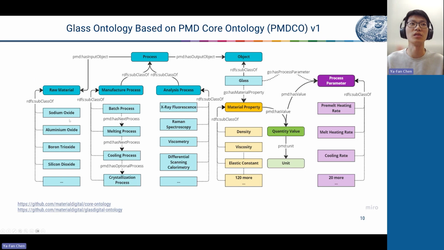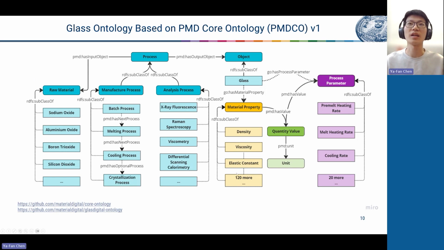Here you see some oxides, and the different methods inside the analysis process. Those analysis processes will measure the properties of glass, to get the material properties: density, viscosity, elastic constant, and even more.